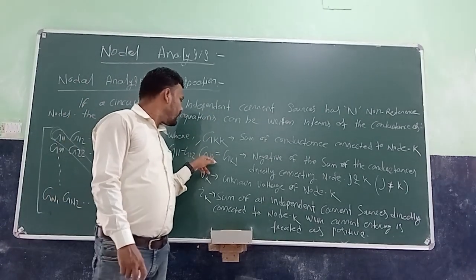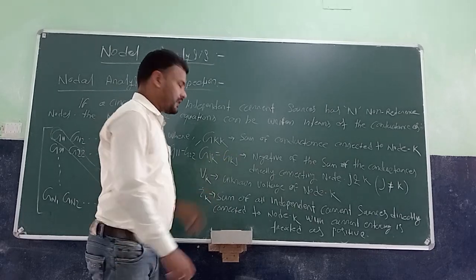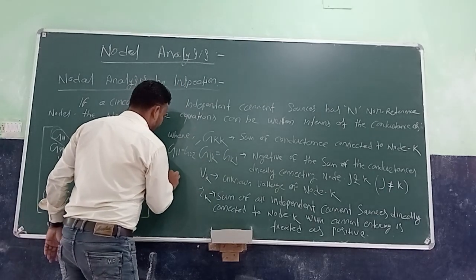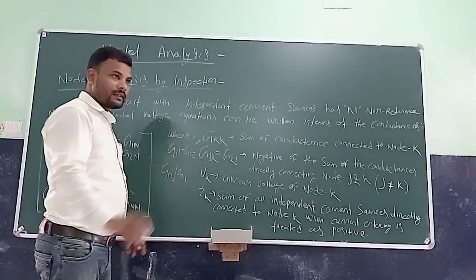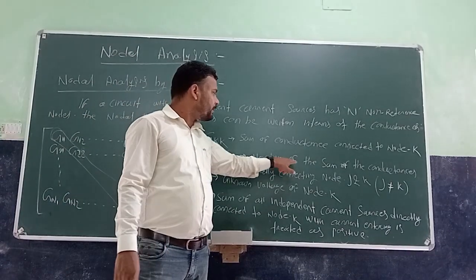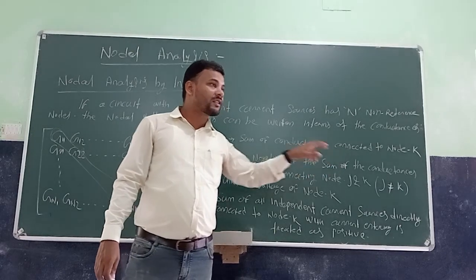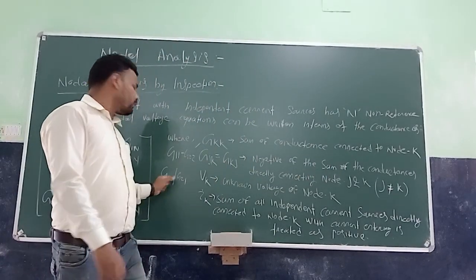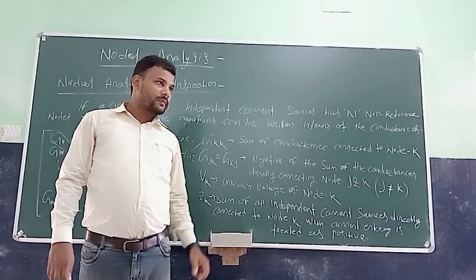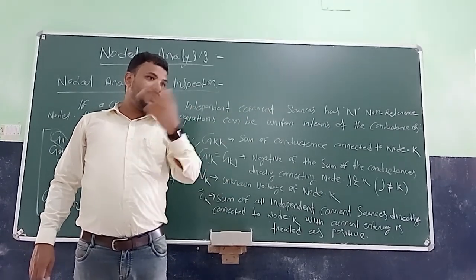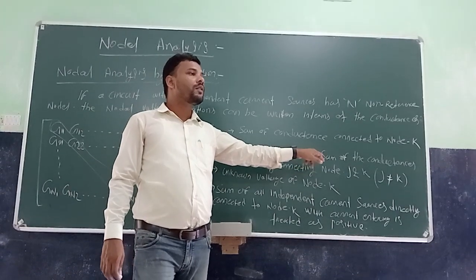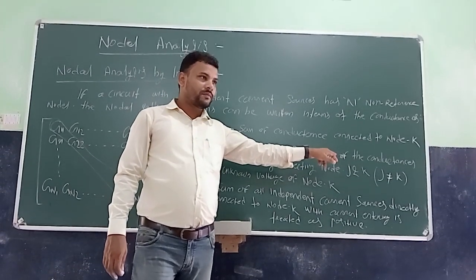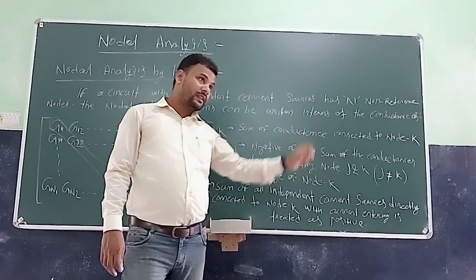Then GJK or GKJ, that means G12 or G21 like that, is the negative of the sum of conductances connected between these two nodes, 1 and 2, 1 and 3, 3 and 5. So these are the negative sum of conductances connected between these two nodes.